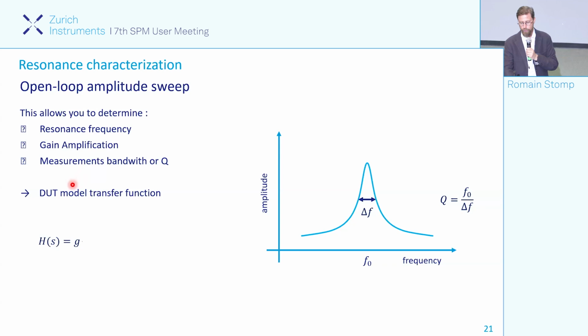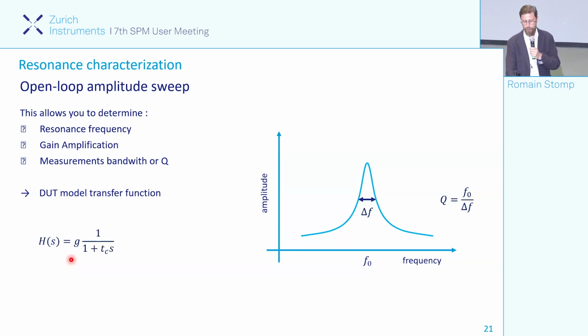The reason why we do this is because you want to be able to fit some good models so that we can optimize the PI values in closed loop. And so we need to extract basically a transfer function. If you know nothing about your system, the easiest way to look at a transfer function is basically the ratio of output to input. You know how much you drive, you know how much you measure, and the ratio is going to give you a gain.